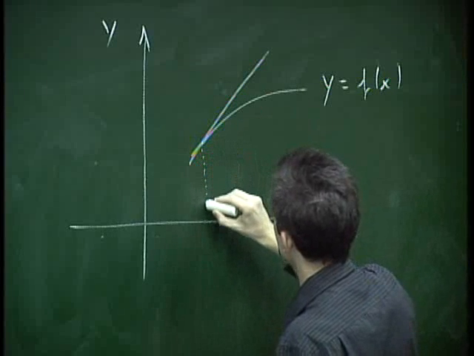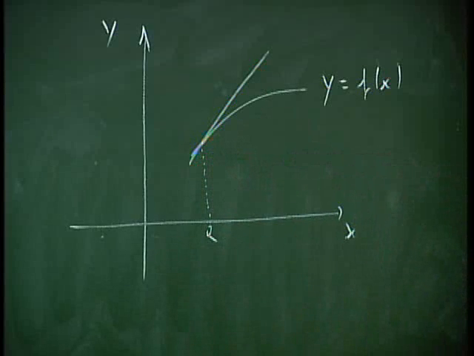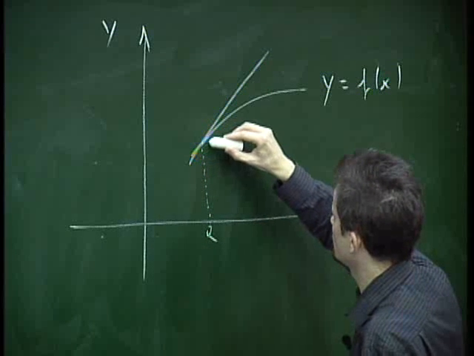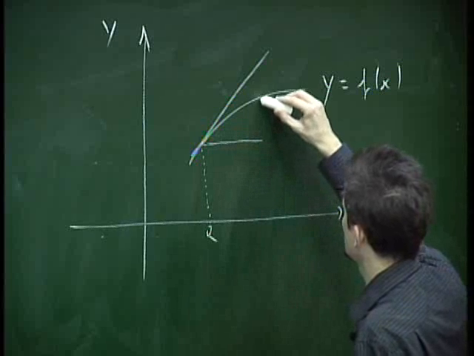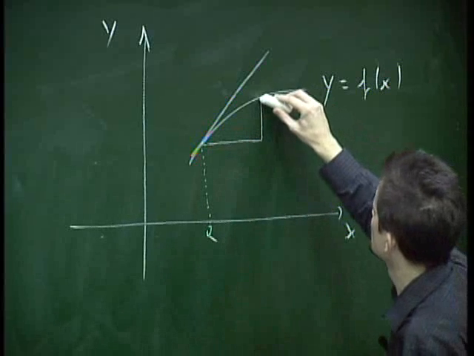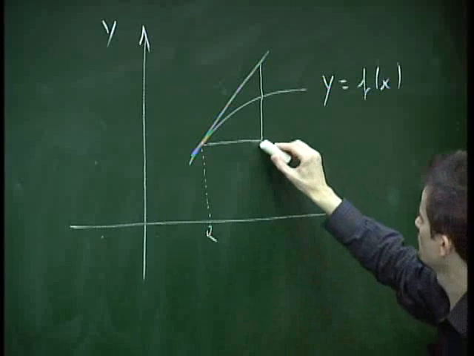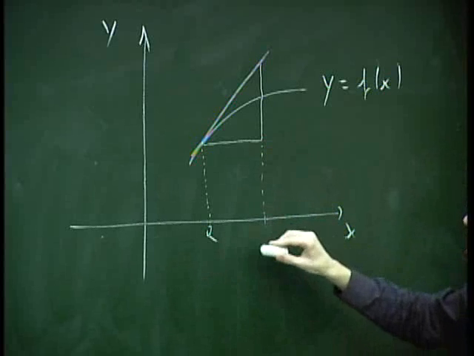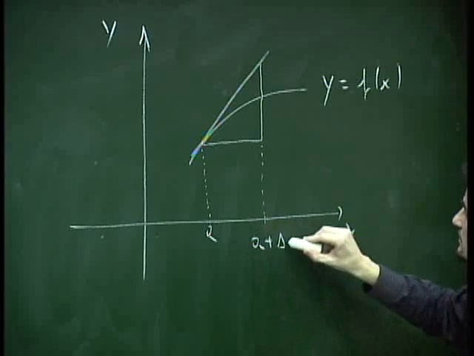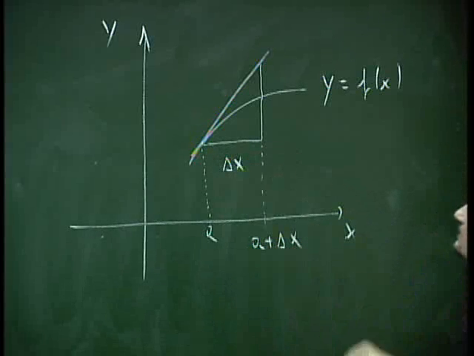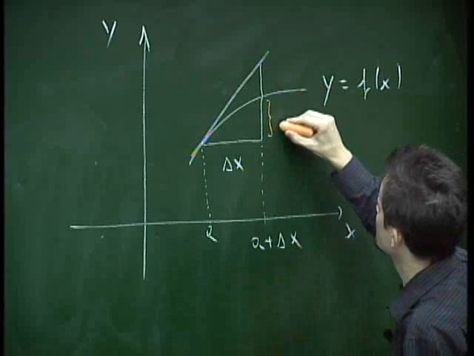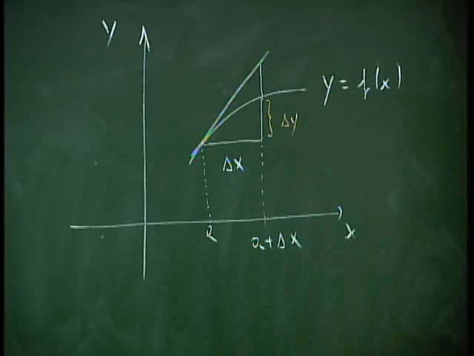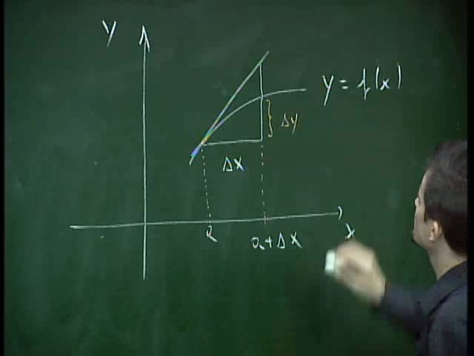So let's say this is the point A. Now, if we change x from a to a plus delta x, so this is delta x here, then we know that delta y is the change. This length here gives us the change in the function value.